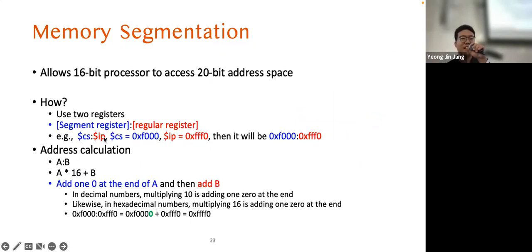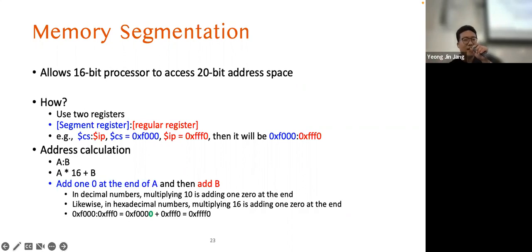So for F000:FFF0, the CS segment is F000 and the instruction pointer is FFF0. To calculate the actual 20-bit address for the physical memory, we multiply the first register by 16 and then add the regular register value.